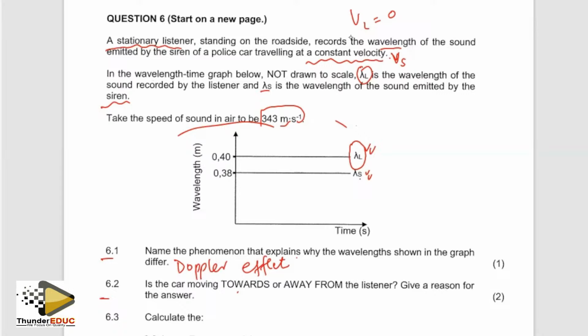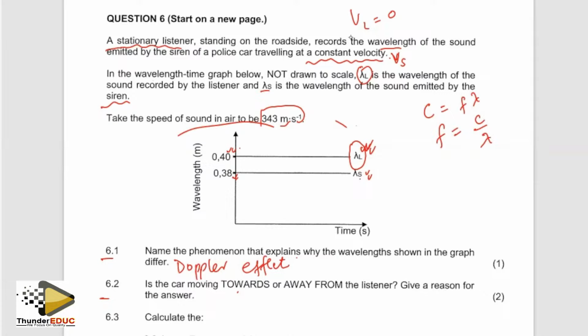Now, if the listener is getting a higher wavelength compared to this, let's go back to the formula of speed. So we know that V is equal to f lambda, which means that frequency is inversely proportional to the wavelength.